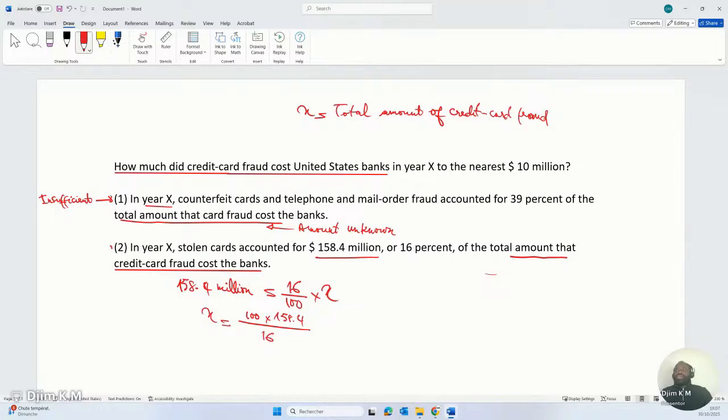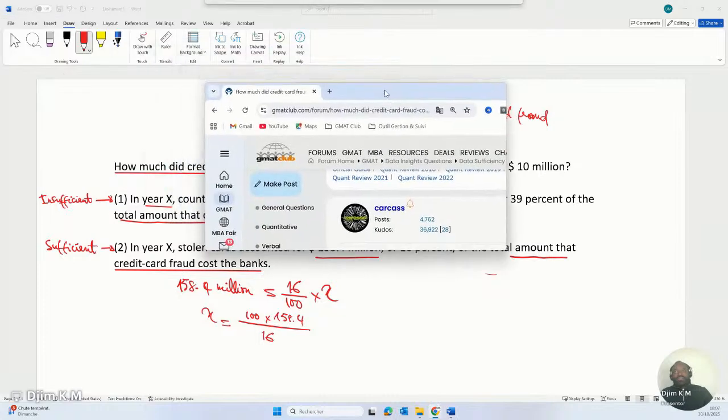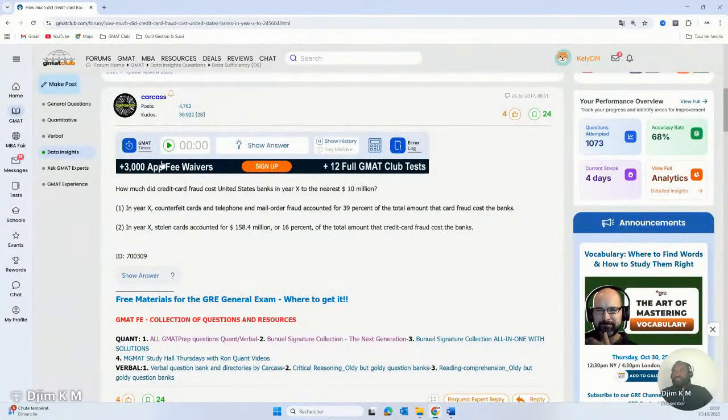So the second condition is definitely sufficient. The answer to this question is answer B, second condition alone is sufficient. Okay, let's check that. Answer B.